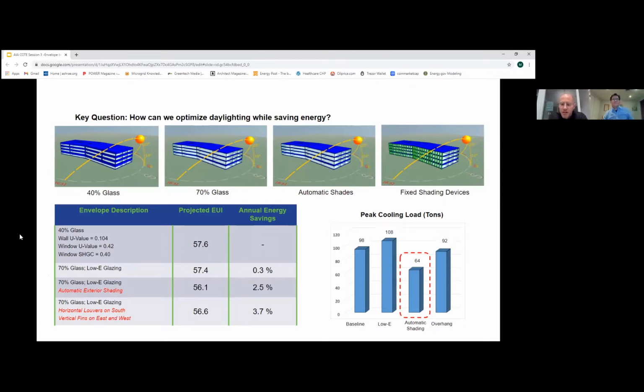With exterior shading, your peak cooling load goes from 98 to 64, which is a reduction of 40%. And what that means, it translates to your HVAC equipment cost reduction as well. So when you're looking at a code compliant system where budget comes into play, and you're looking at a high performing envelope, which costs money, you have to point out there are reductions in your MEP load and reductions in your MEP system cost that go along with that.